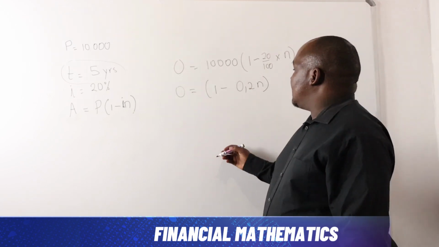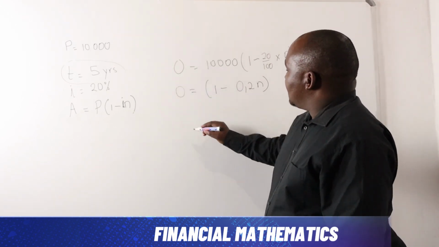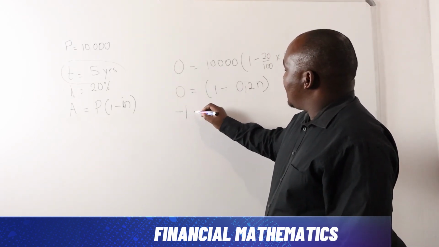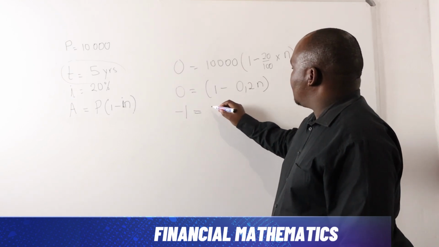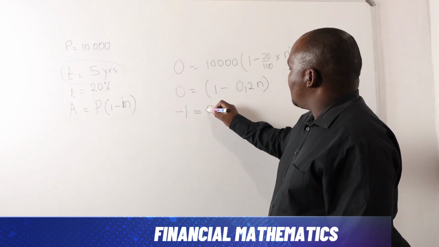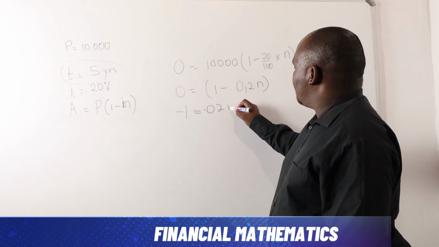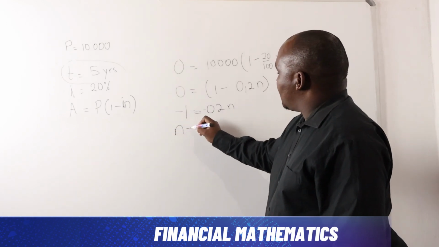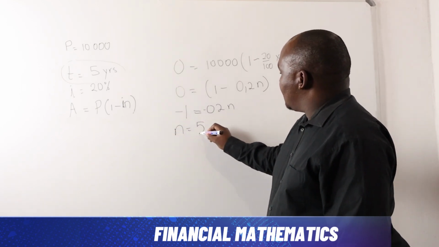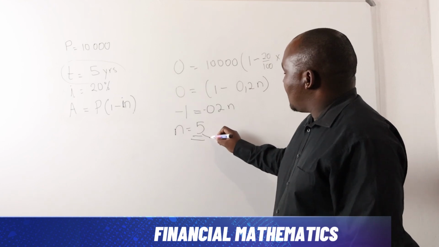Now, if you look at this, you might as well take the one that side and you remain with minus 1 equals minus 0.2 n, and when you solve for n, you'll get n equals 5.